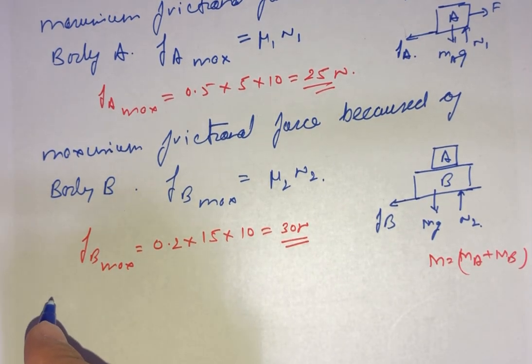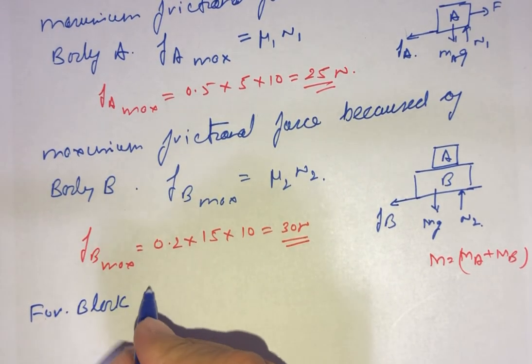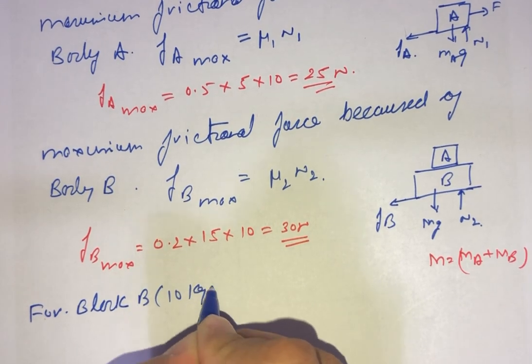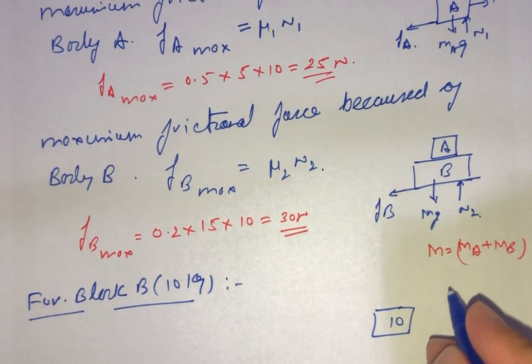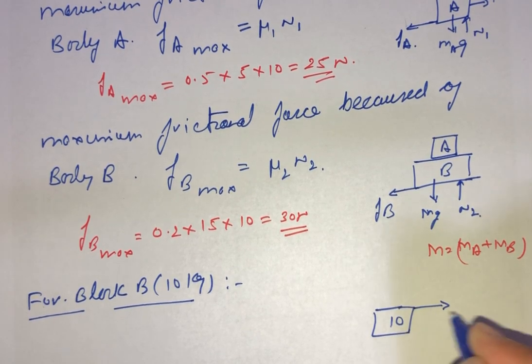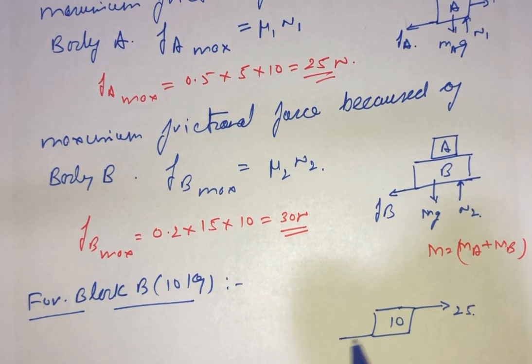For block B, that is for 10 kg, there will be a force acting in the forward direction, which will be nothing but 25, and we have a maximum friction force in the backward direction, whose value is equal to 30.